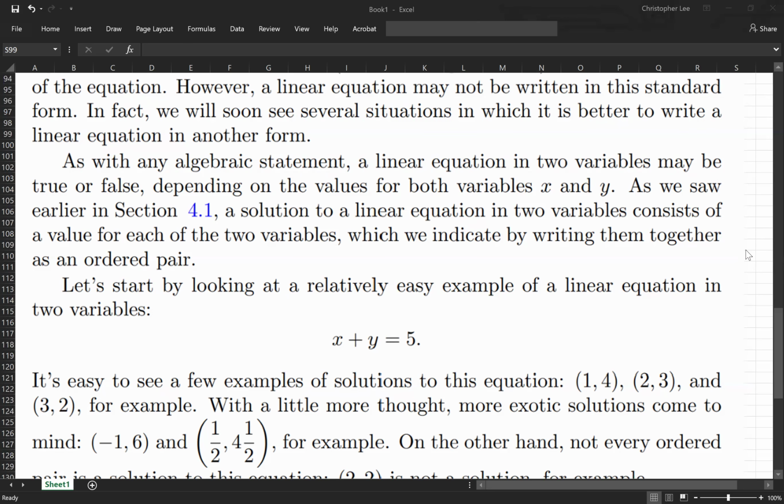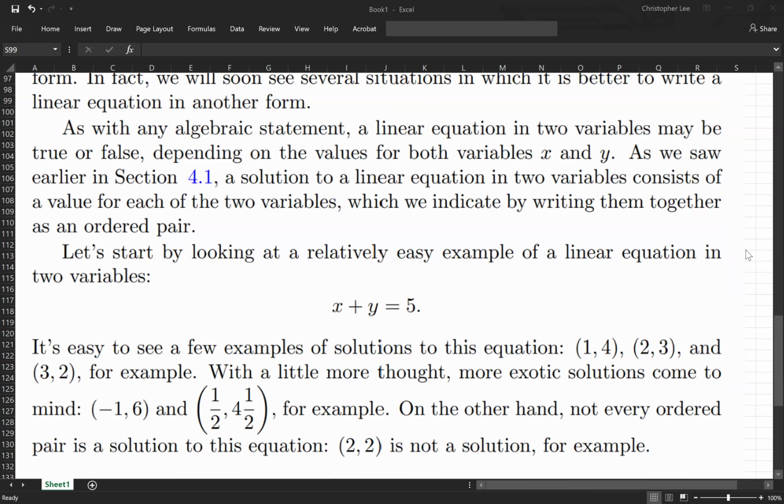It is easy to see a few examples of solutions to this equation. 1 and 4, 2 and 3, 3 and 2, for example. With a little bit more thought, more exotic solutions come to mind. -1 and 6, 1/2 and 4.5, for example, right? On the other hand, not every ordered pair is a solution to this equation. For example, 2 comma 2 is not, right? I plug in 2 for x and 2 for y, that does not equal 5.